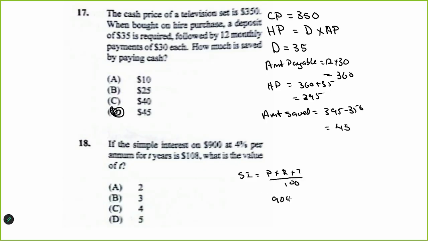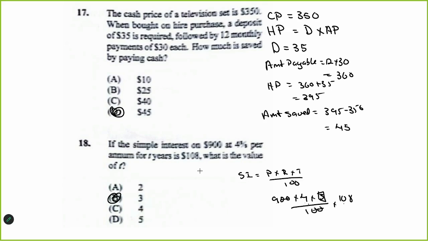Principal is 900, rate is 4, by some value, all over 100 is 108. So you need 9 by 4 by some value to give you 108. That some value is 3, because 4 threes are 12, 12 nines is 108. So the answer would be 3.